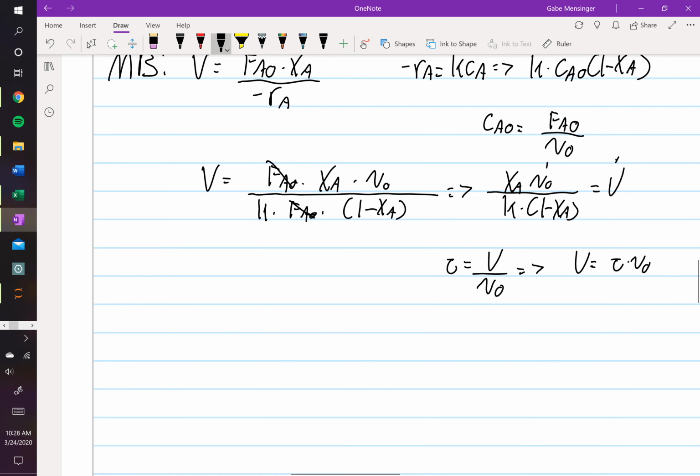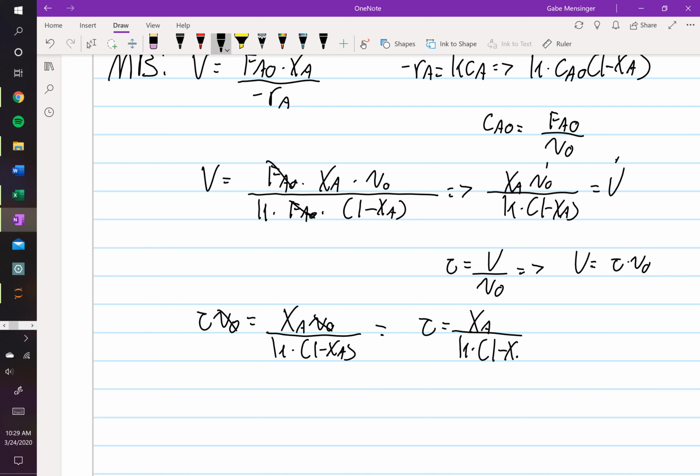We can rewrite our design equation as tau times V naught equals XA V naught over K times 1 minus XA. Cancelling the V naughts, we get tau is equal to XA over K times 1 minus XA.